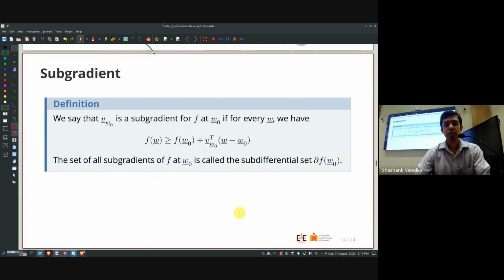So in this case, it turns out that the function is convex. Then a similar idea that we had just now also extends to functions that are not differentiable. So let's look at a function that looks something like this, right?